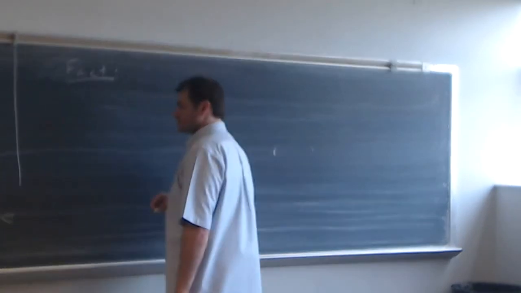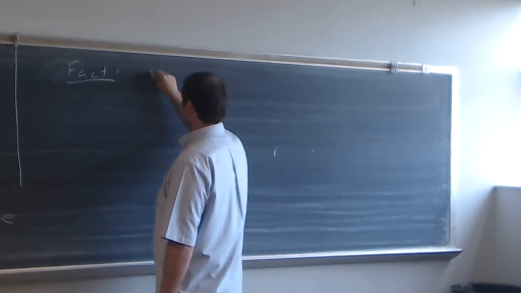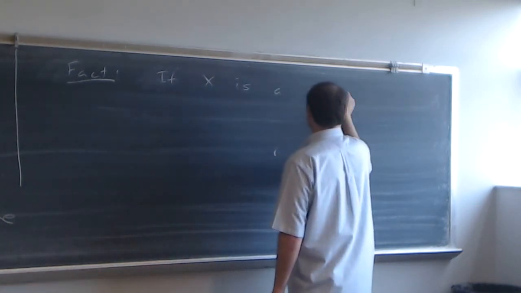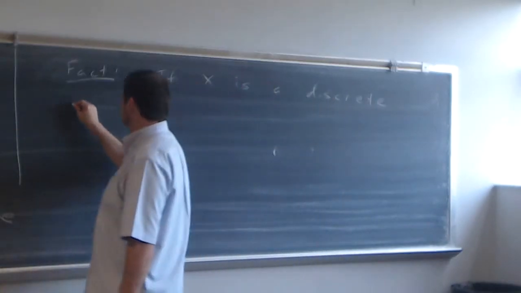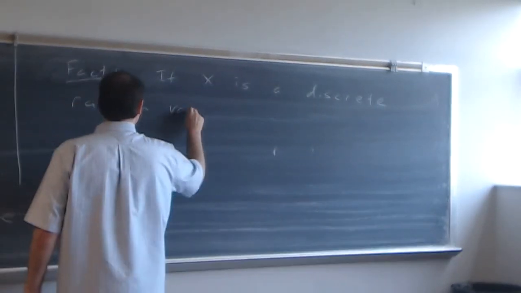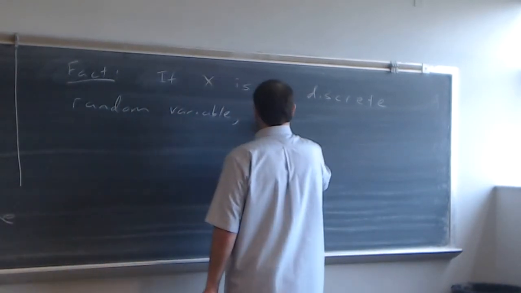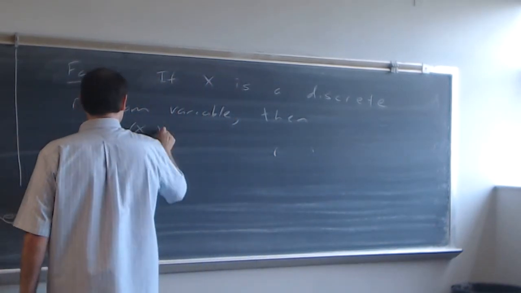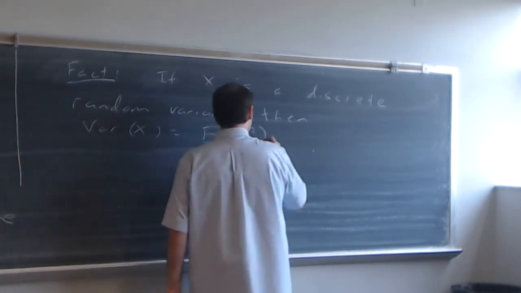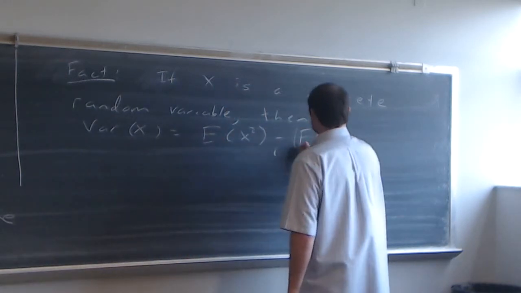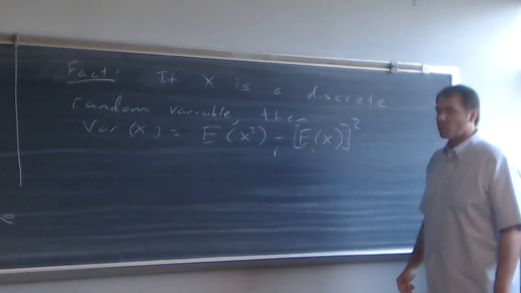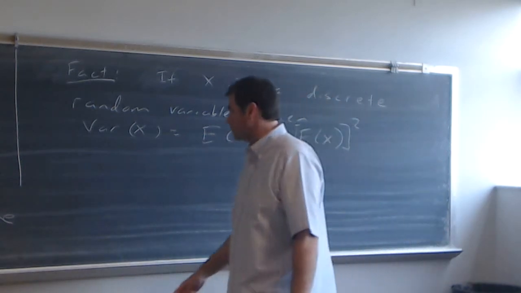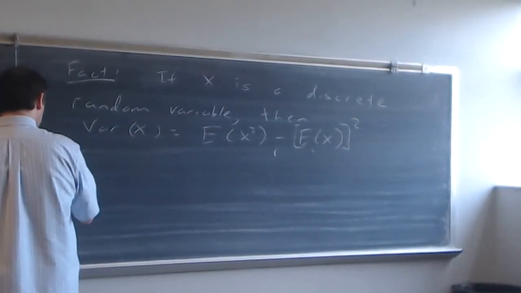As a fact, if X is a discrete random variable, then the variance of X is equal to the expected value of X squared minus the expected value of X, squared. So we want to prove this fact.